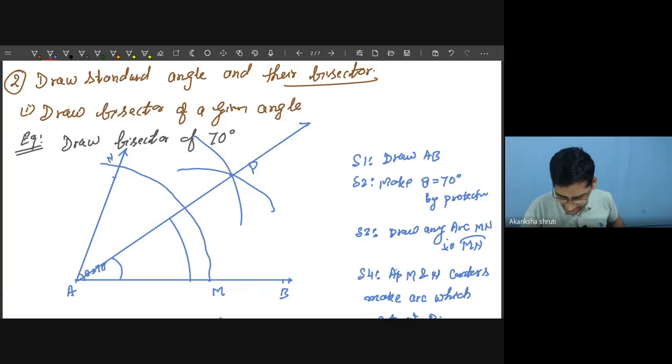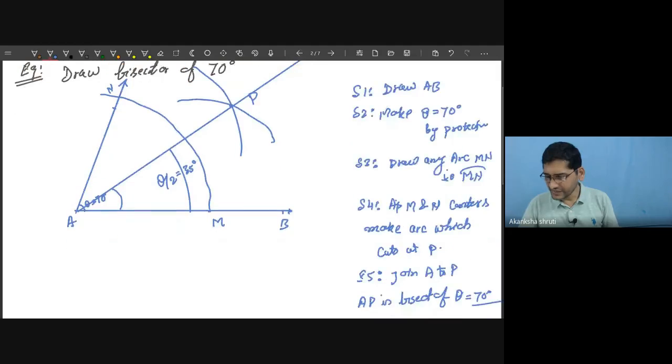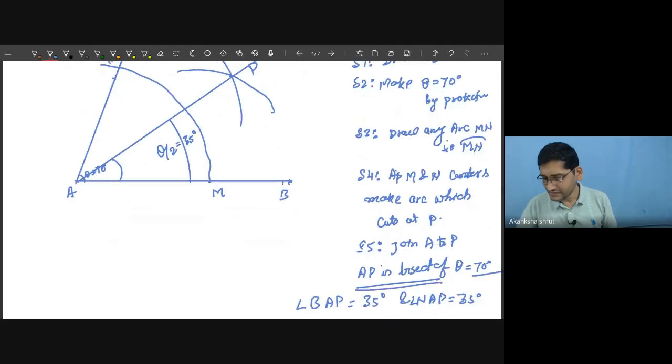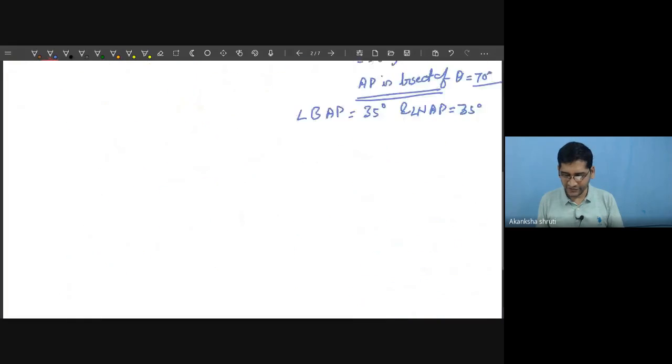So this angle is our theta by 2, or 35 degrees. So AP is the angle bisector. This way the angle bisector is drawn. Means from 70 degrees, 35 degrees we have drawn. So it is the second kind of construction.